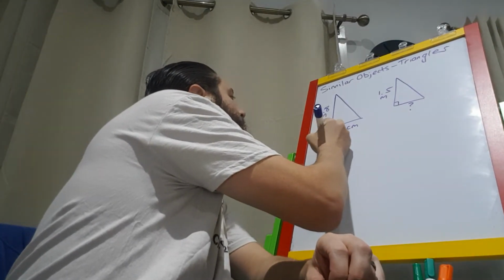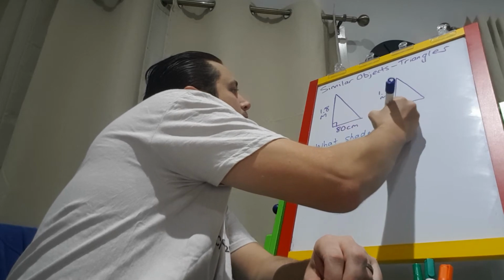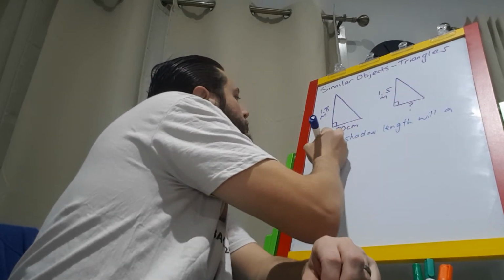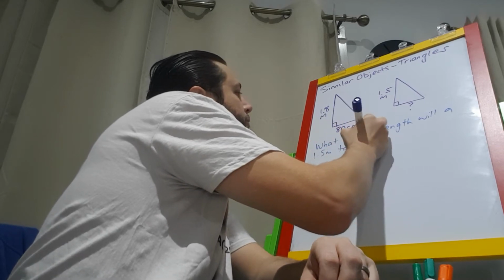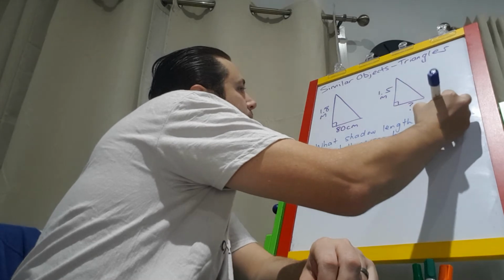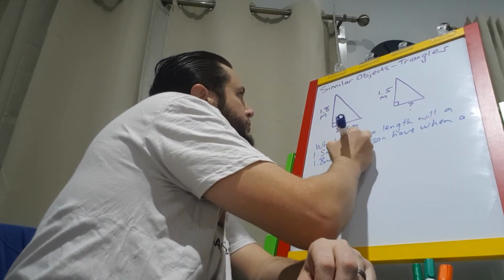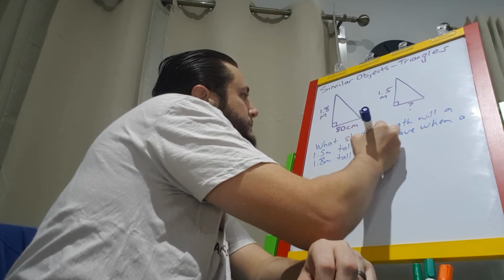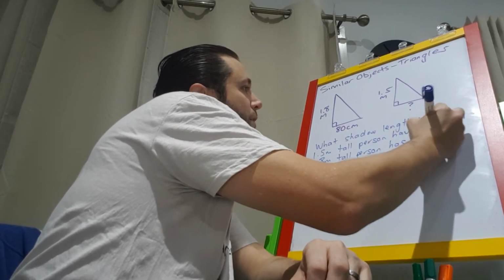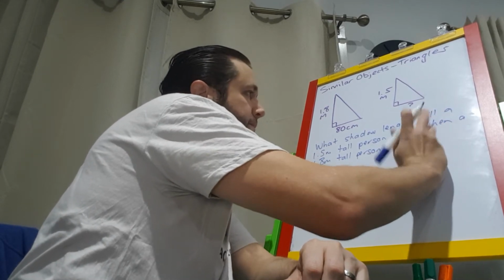So what shadow length will a 1.5 meter tall person have when a 1.8 meter tall person has an 80 centimeter shadow.